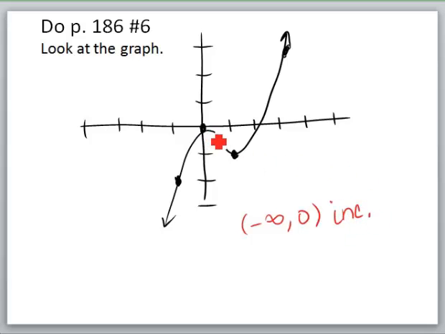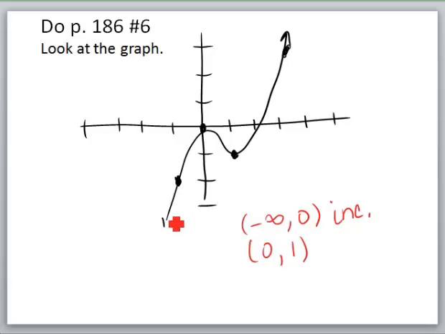Then from 0 to 1, notice I'm using parentheses, meaning that those values are not included because the value at 0 has a slope of the tangent line of 0, and here at 1, the slope of the tangent line is 0 as well. So it's not positive or negative.